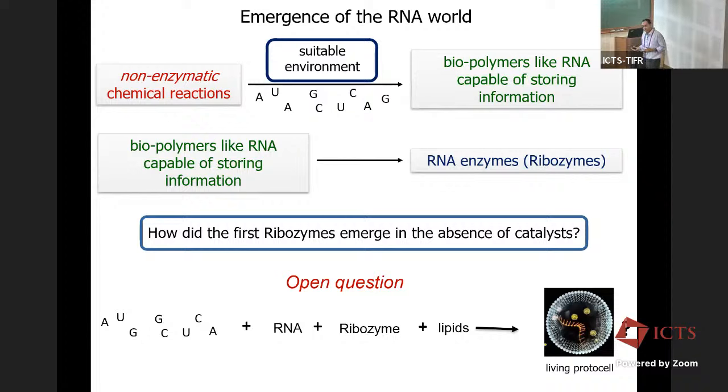So the next question that we need to address is, it's not enough to produce long functional biopolymers. We need to encapsulate them in compartments. And not only do we need to encapsulate them in compartments, we need to find a mechanism by which these sequences would be created inside those compartments, and a mechanism by which these compartments would grow and divide.